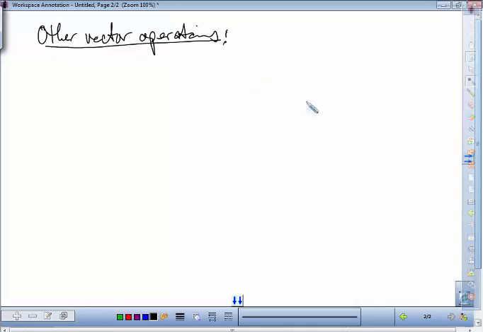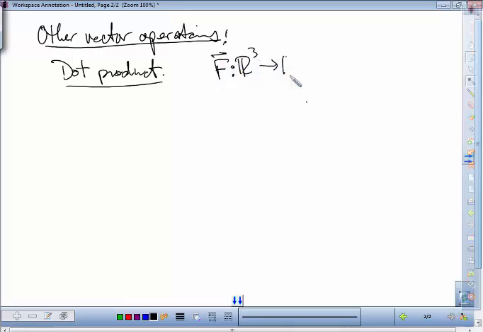So let's take a look at the dot product first. So let's take our del operator and dot it with a vector field.